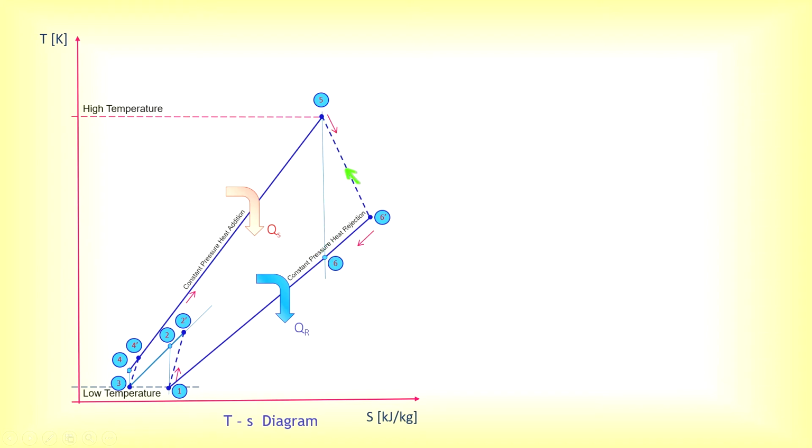And then this dashed line here shows that there is a certain amount of irreversibilities that happens during the process. So this will be the actual flow path from 5 to 6 prime. Okay, so that is the TS diagram. So that is only a constant pressure heat addition. This one you can neglect, or you can omit this part here, if you are referring to an open gas turbine cycle.